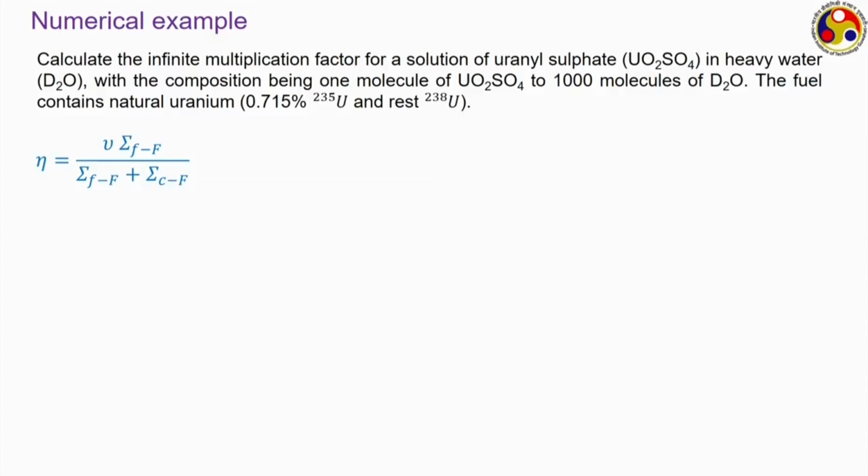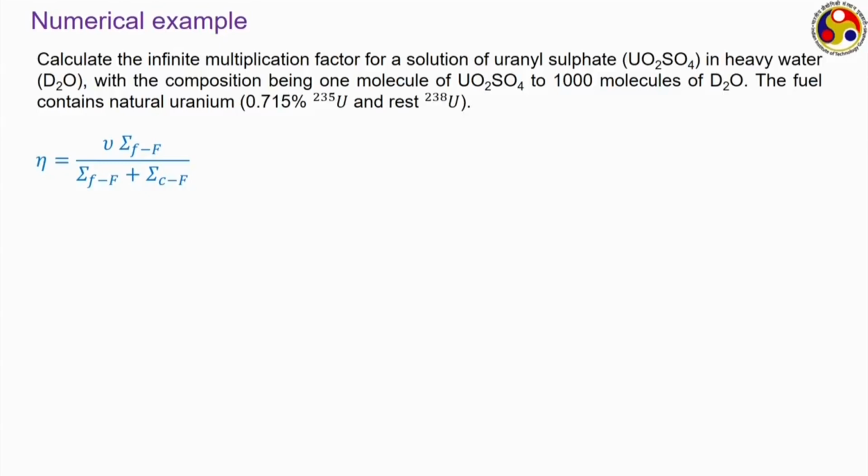So, to calculate the thermal fission factor, in the numerator we need to use the macroscopic fission cross section of uranium 235 multiplied by nu, the average number of neutrons produced per fission for uranium 235, divided by the total absorption cross section of the fuel.